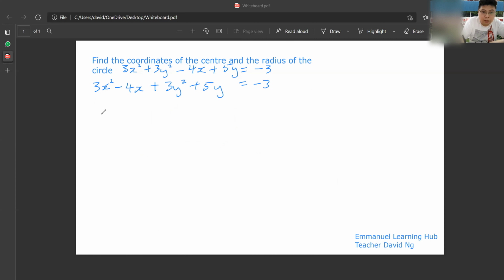You complete the square, every term you divide by 3. Then after that, you complete the square.